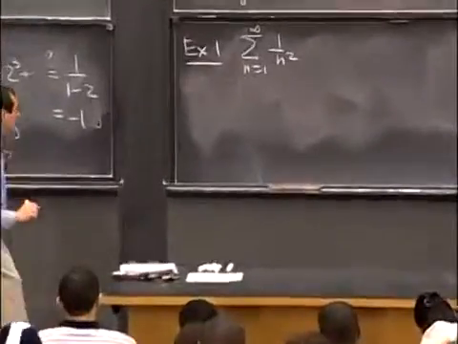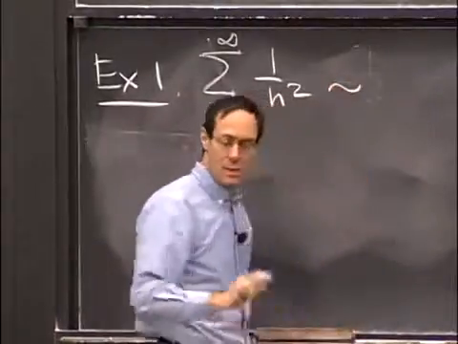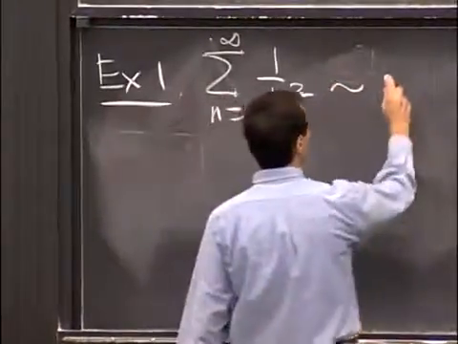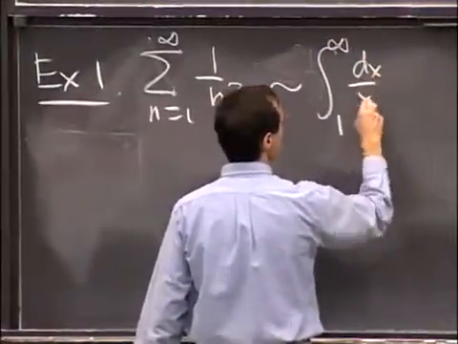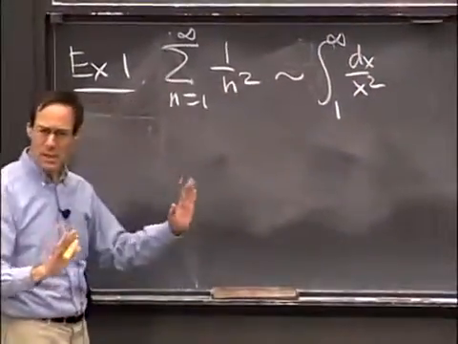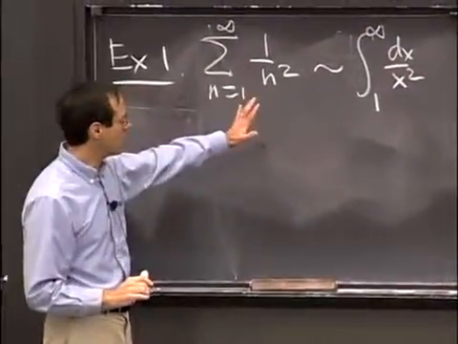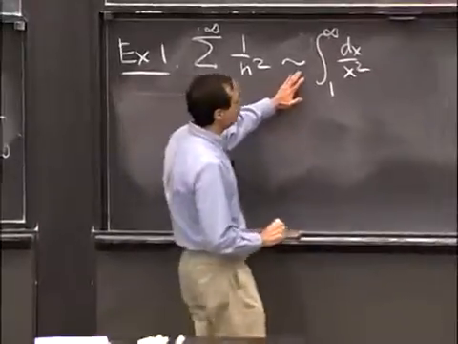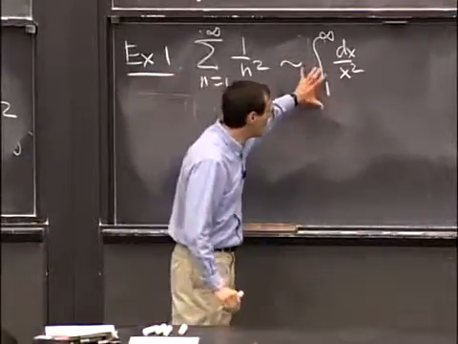It turns out that this series is very analogous, and we'll develop this analogy carefully, to the integral from 1 to infinity of dx over x squared. And we're going to develop this analogy in detail later in this lecture. And this is one of the ones you really want to memorize.